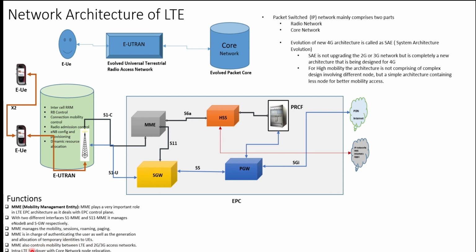MME also controls mobility between LTE, 2G, 3G and access networks. It is not mandatory that if you are a 4G or LTE subscriber, you can access only your 4G network. Wherever 4G is not there, it latches onto the respective area with the respective network, whether it is 2G or 3G.